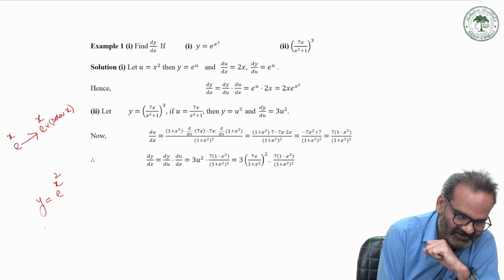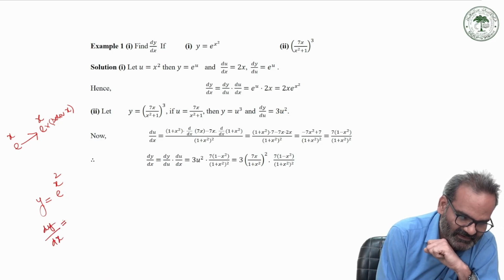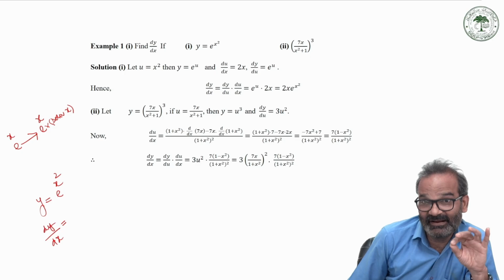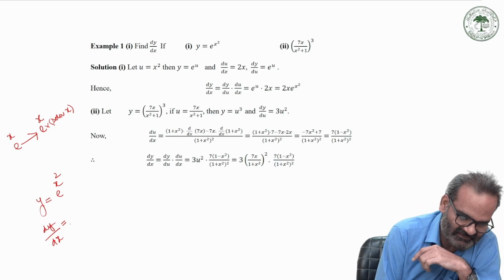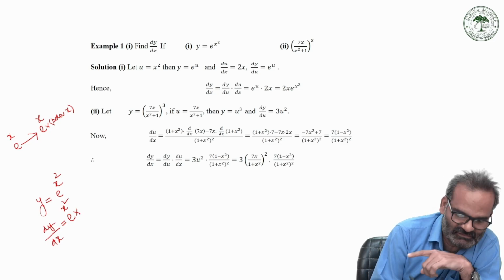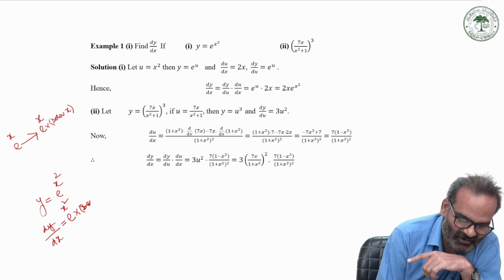Use the same technique here. If y is this, then dy over dx is what? Here we are having x square in place of x. Be careful. In this function, x square is being replaced by x simply. So its derivative is e raised to the power x square into derivative of x square, right?